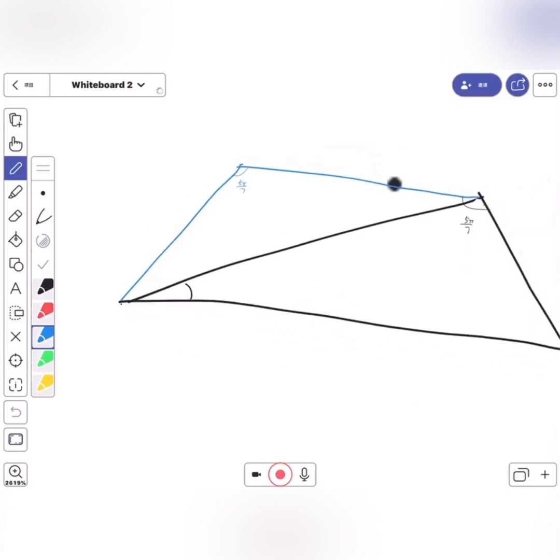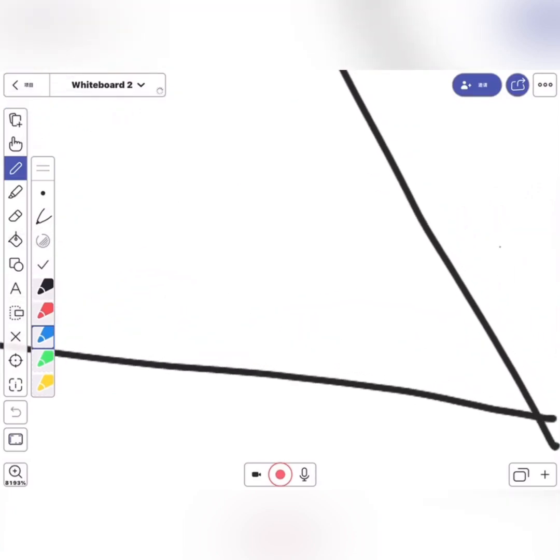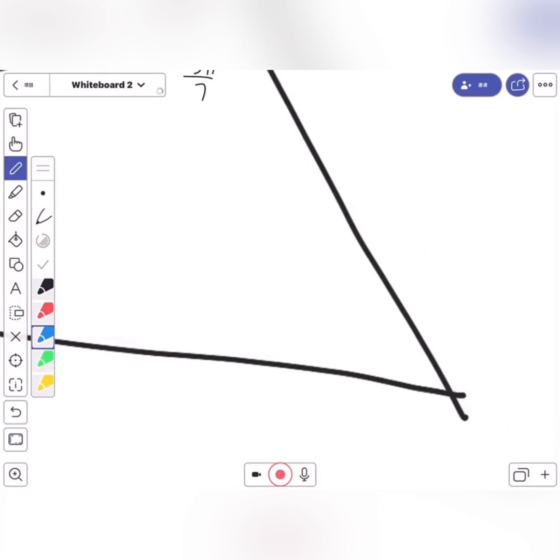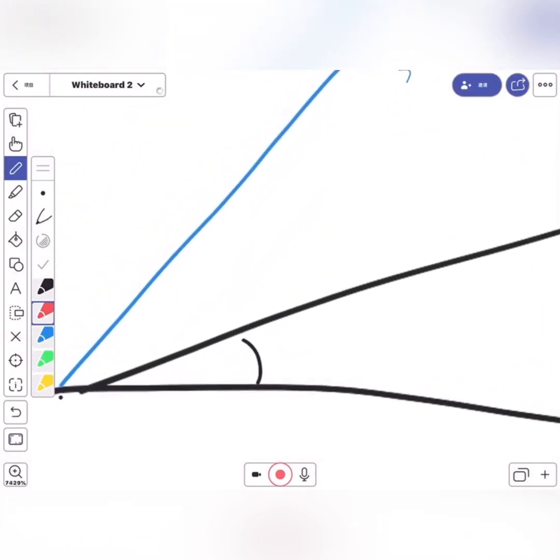And since it's an isosceles trapezoid, this angle is going to be the supplementary angle of 5 pi over 7, which is just 2 pi over 7. And so does this angle, 2 pi over 7.